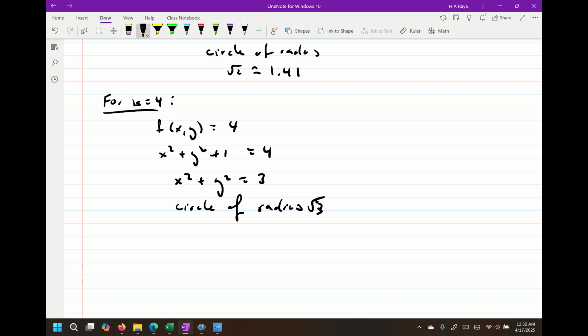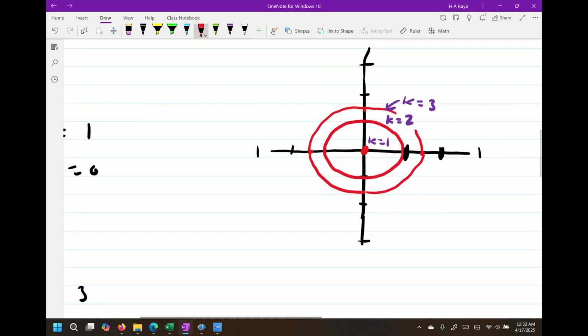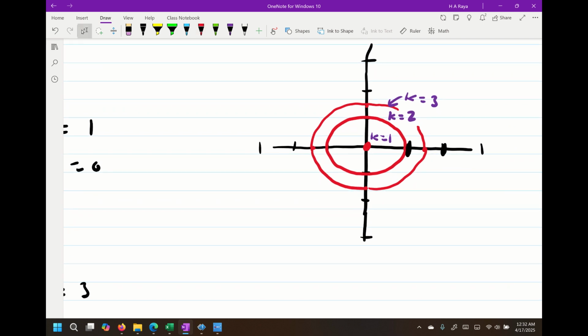And radical 3 is approximately 1.73 and change. If I graph out the circle of radius radical 3 on this graph, which is 1.73 and change, I would get something that looks approximately like that. That one went a little too far. So that's my level curve for k equal to 4.